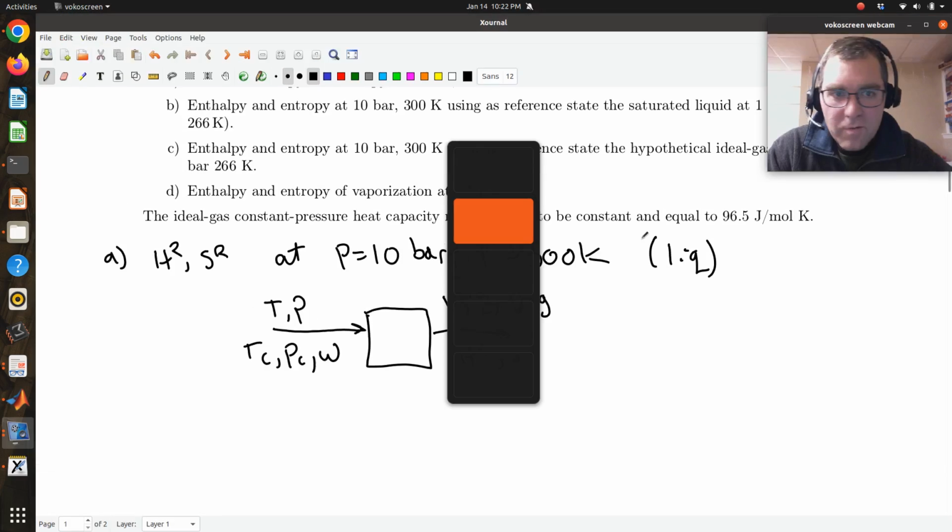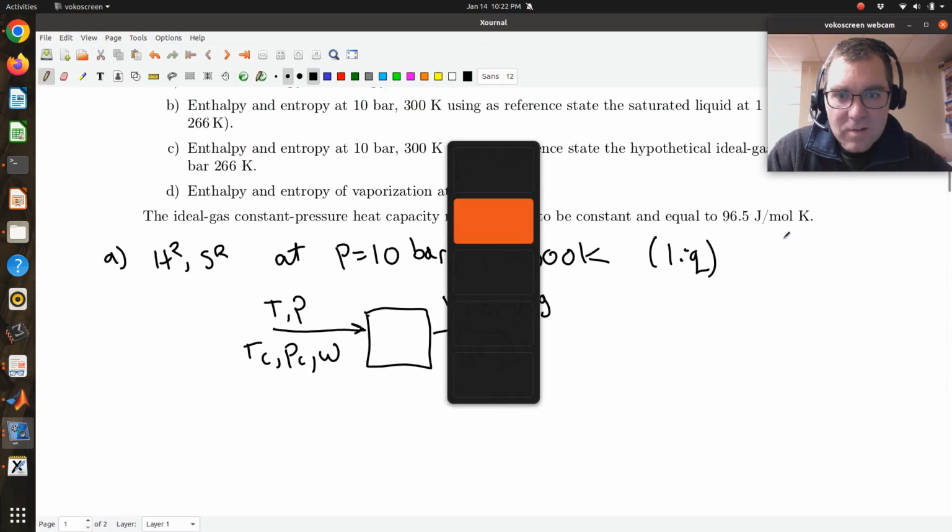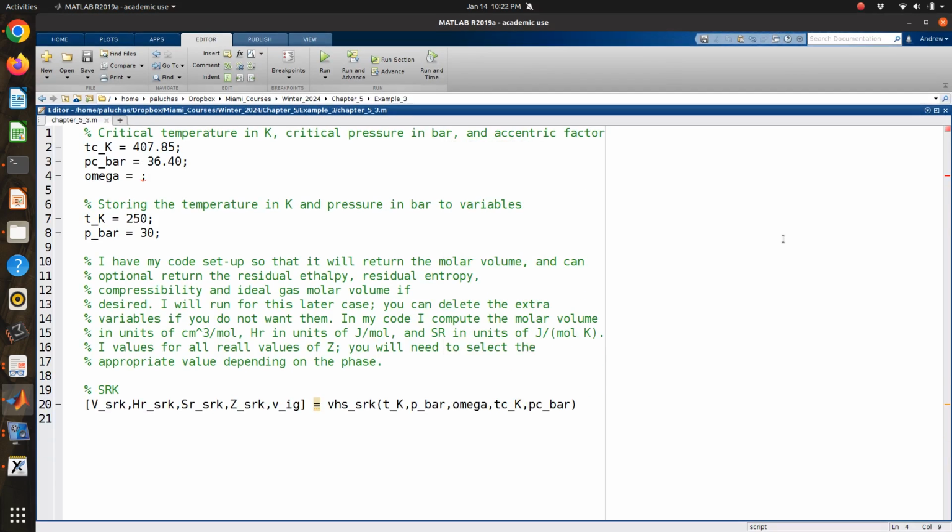And the eccentric factor, omega, is 0.186. Then my temperature was 300 Kelvin, and my pressure was 10 bar.